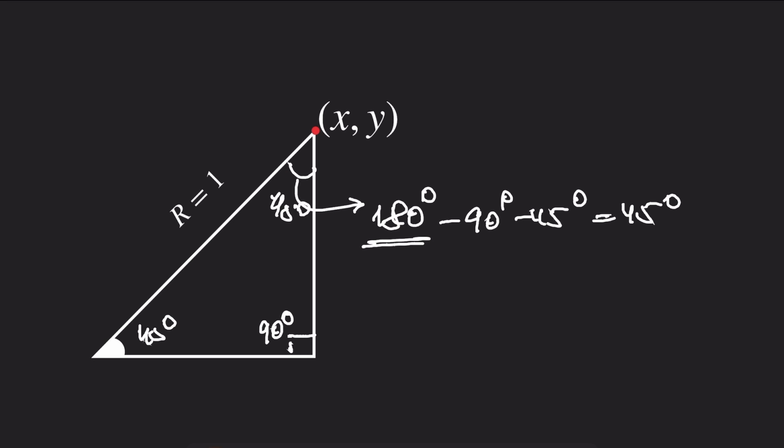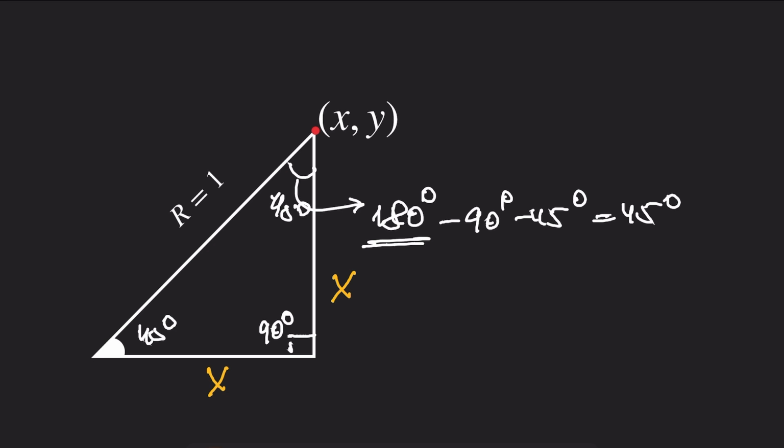So you see, the sides which are opposite to the equal angles are going to have equal lengths as well. So this is going to be x, and this is also x. So these two sides are equal. Then by using the Pythagoras theorem, I can figure out the lengths.